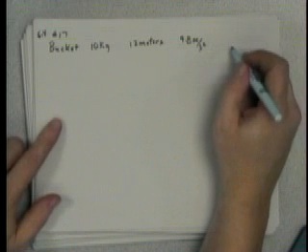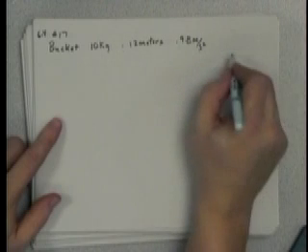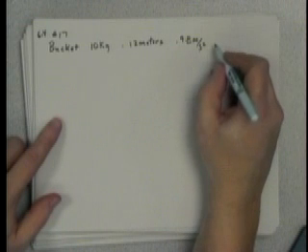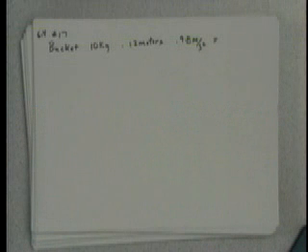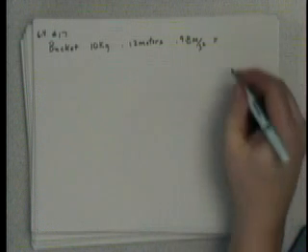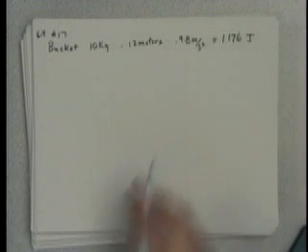So to find the work done lifting the bucket, we're just going to multiply these 3 things because they're all constants. I don't know what that comes out to be exactly. It's 1,176 joules.